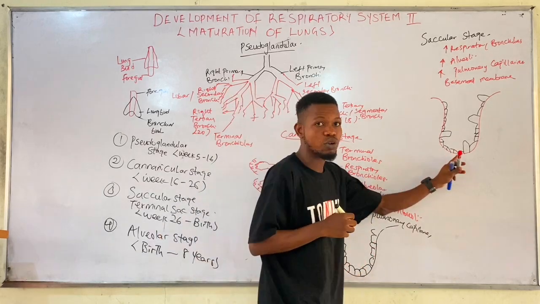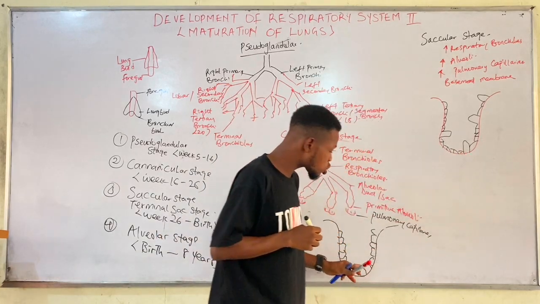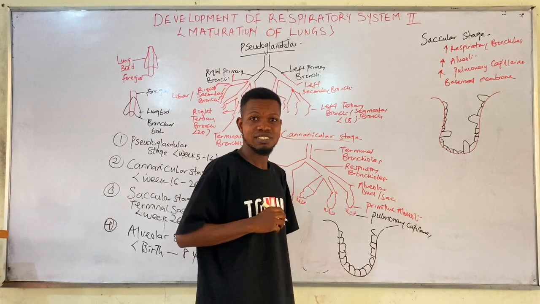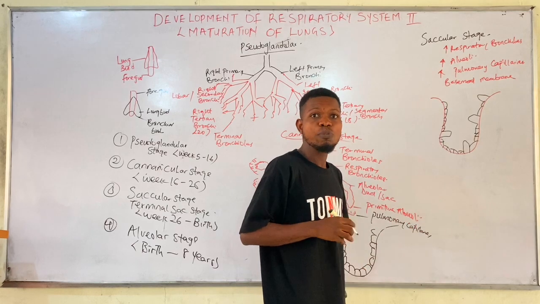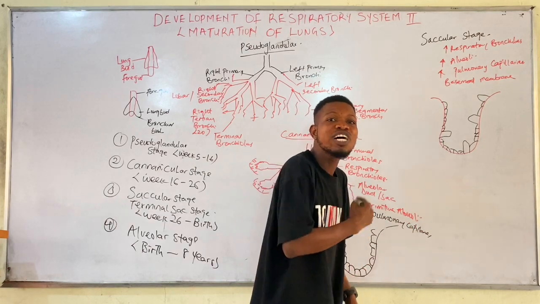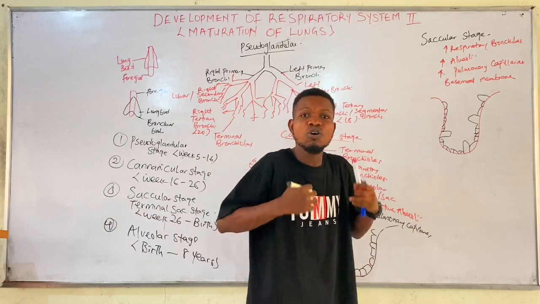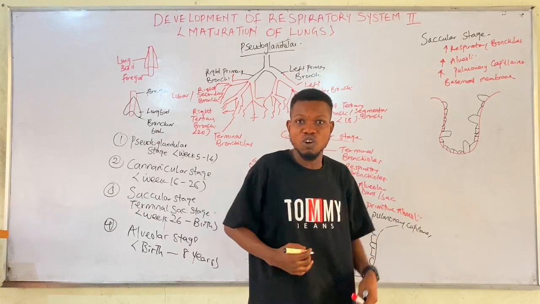Now, at the saccular stage, what happens? Most of these cuboidal cells regress and are converted into what we call squamous cells, flattened cells, because it is squamous cells that can allow gaseous exchange. It's squamous, flattened cells that can allow diffusion of gas.